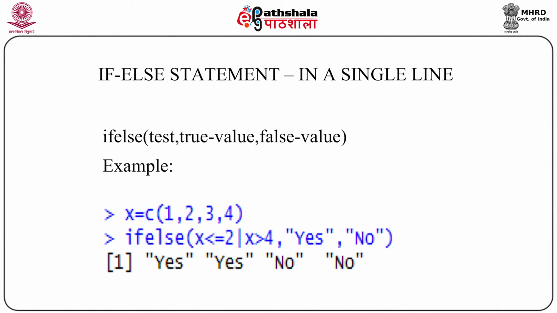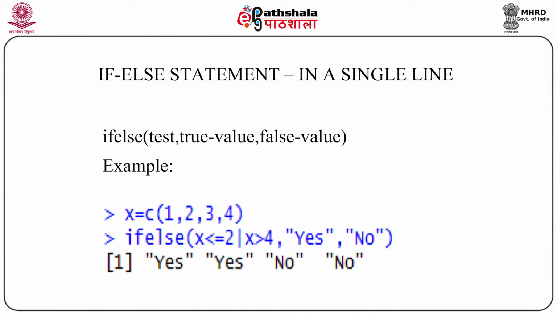That is, if the test comes out to be true, then how R will show the result, and if it is false, then how to show it. And all of these should be put within brackets after ifelse.